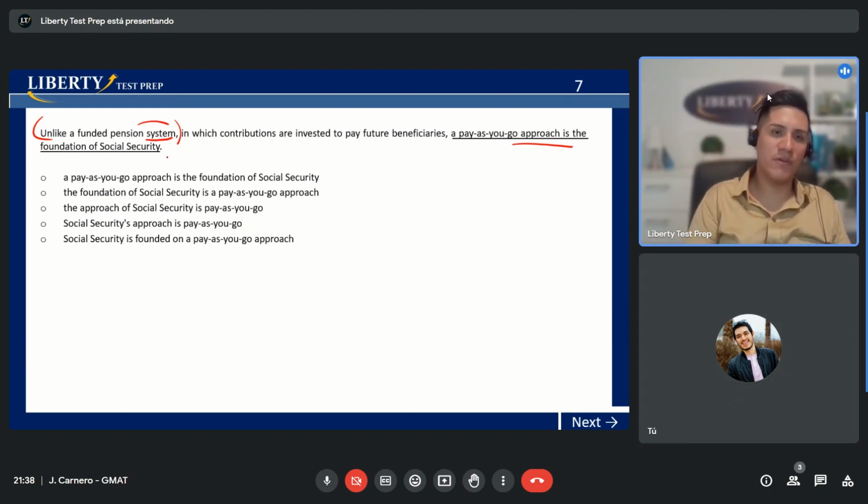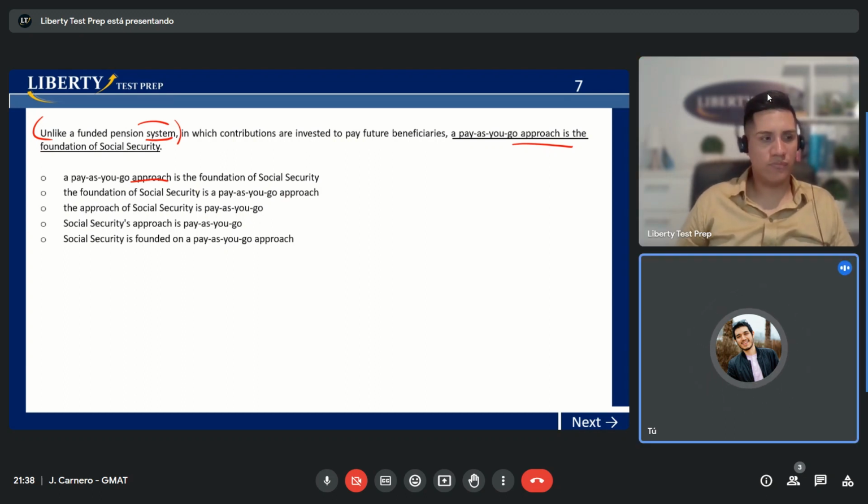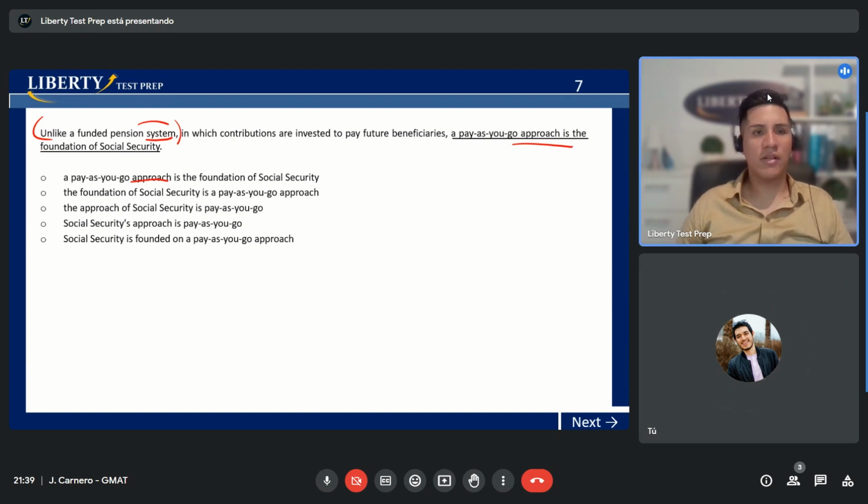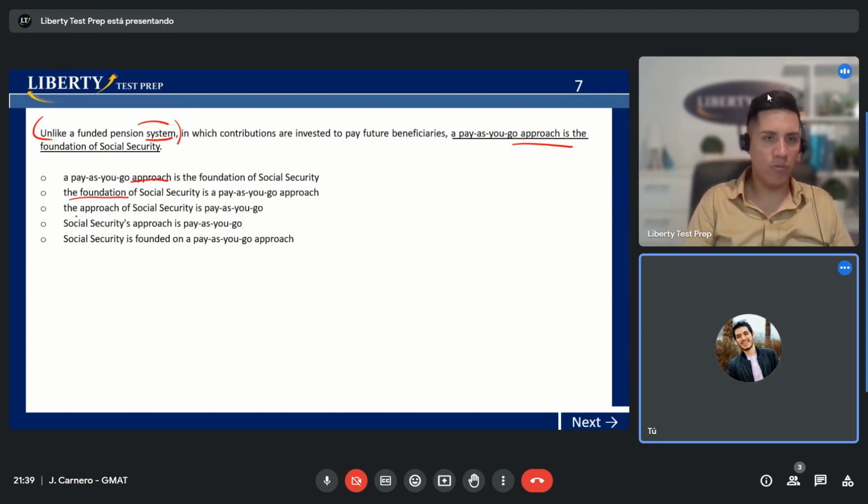Okay, that's the first one, right? That's letter A. What about the other ones? The second one to the foundation. Okay, perfect. And the third one to the approach. The fourth one too, social security.